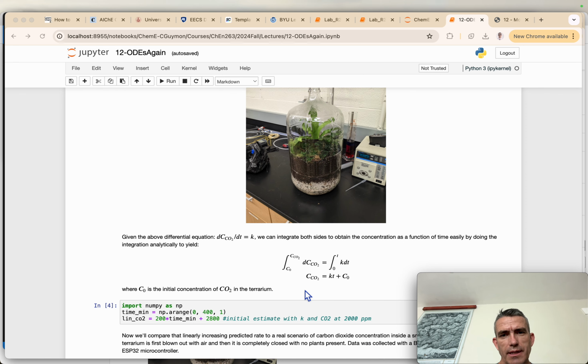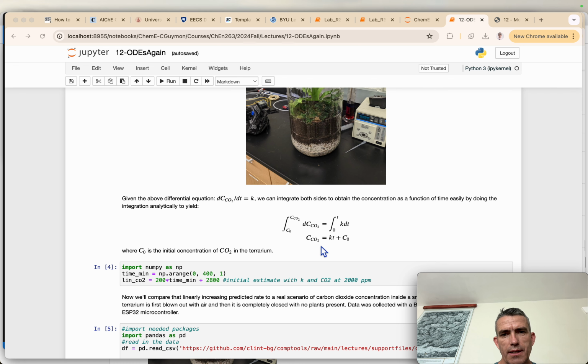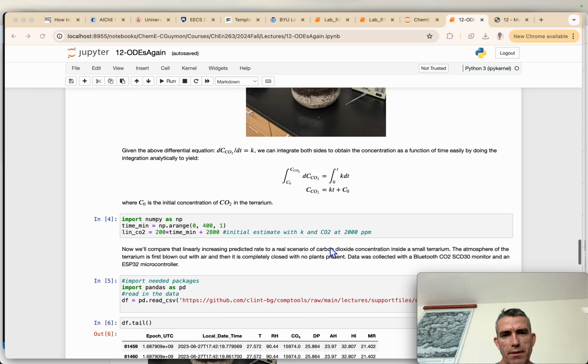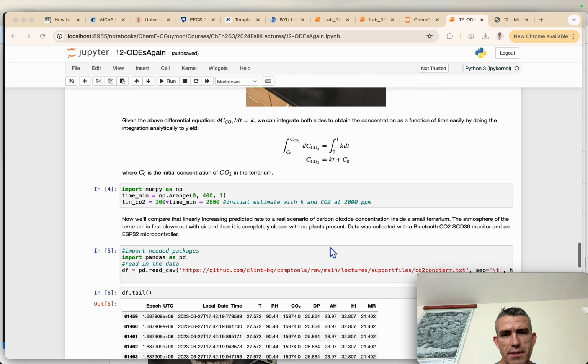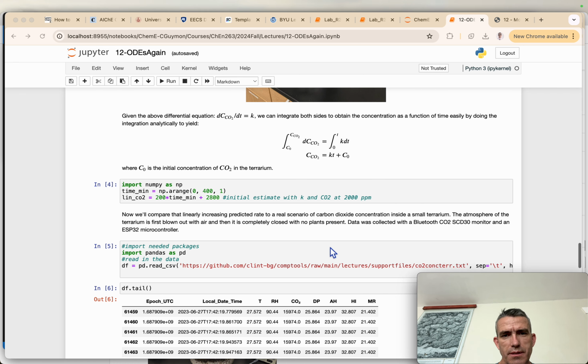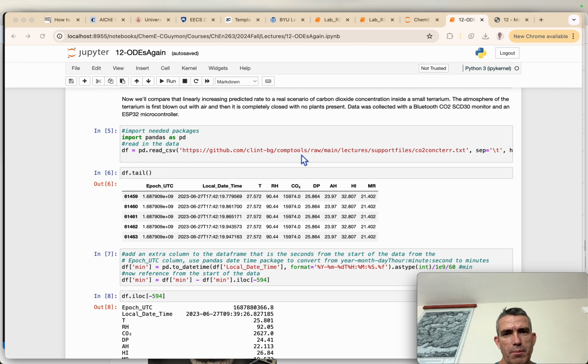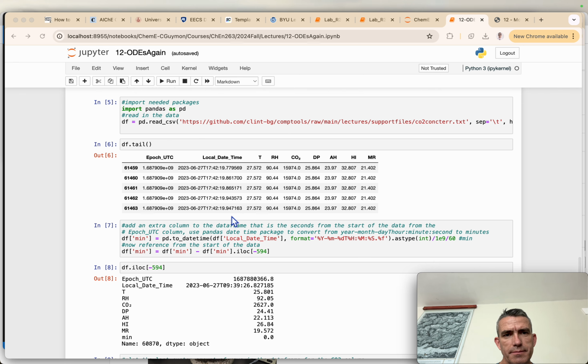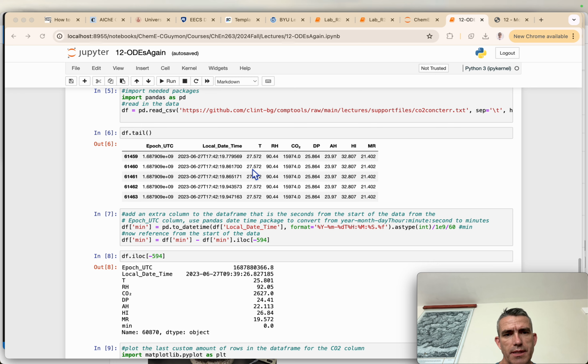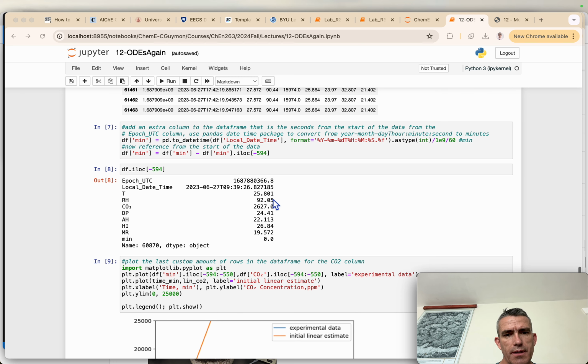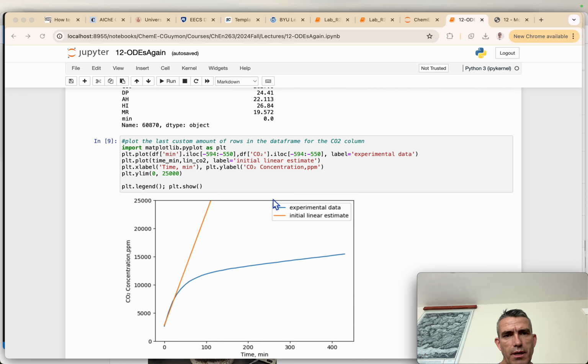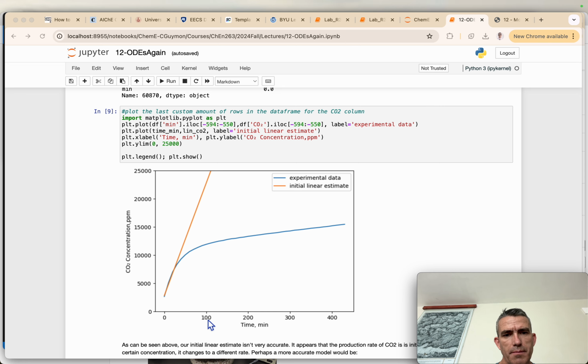Here I've done it analytically, and you can integrate that. You just get a linear relationship. And then I went and measured the CO2 concentration, again without any plants. And here's some data. I've got it posted here on my GitHub site. I'll read that data into a pandas data frame. And here is a plot of the time and the CO2 concentration.